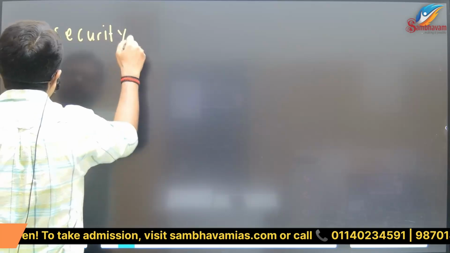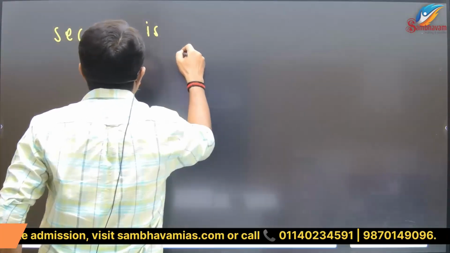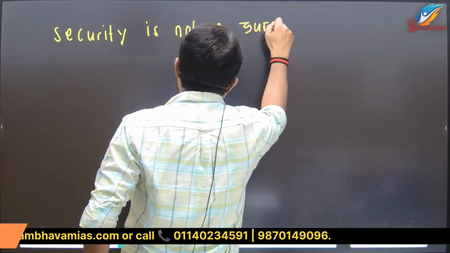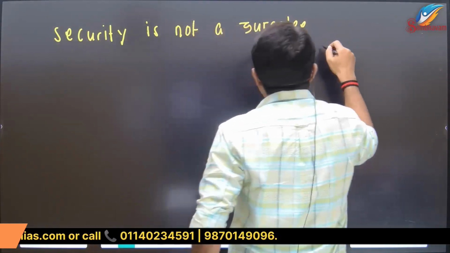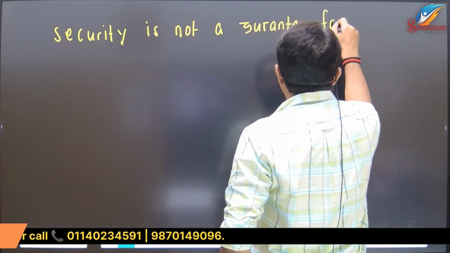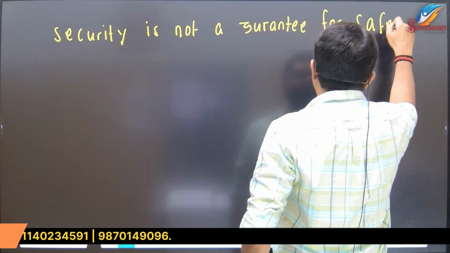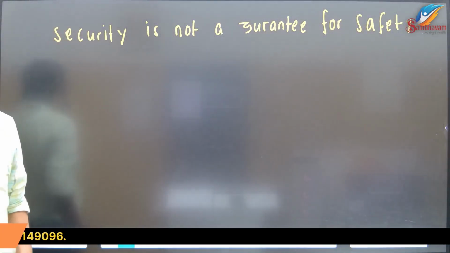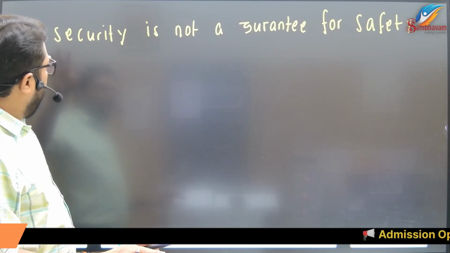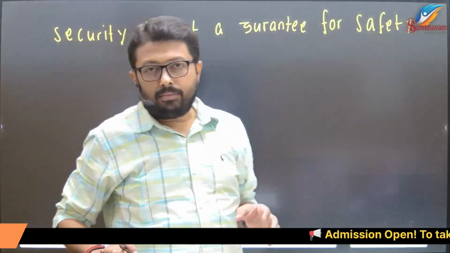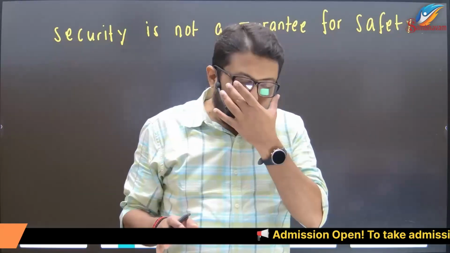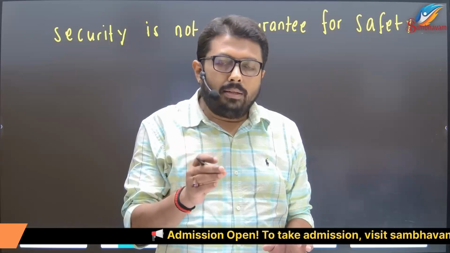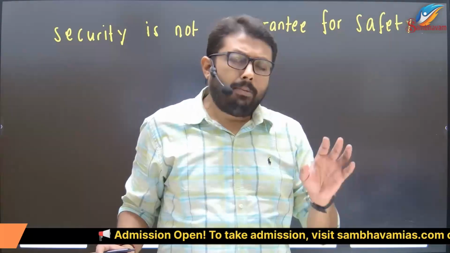Security is not a guarantee for safety. Right? Means if we have security, we can't say we are safe. For example, there is a person who is a VVIP and he has been provided, for example, Y security or Z security or Z plus security.